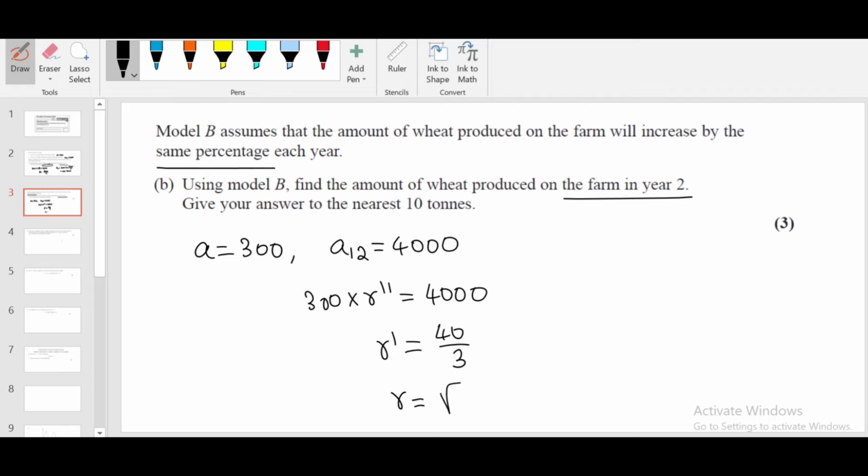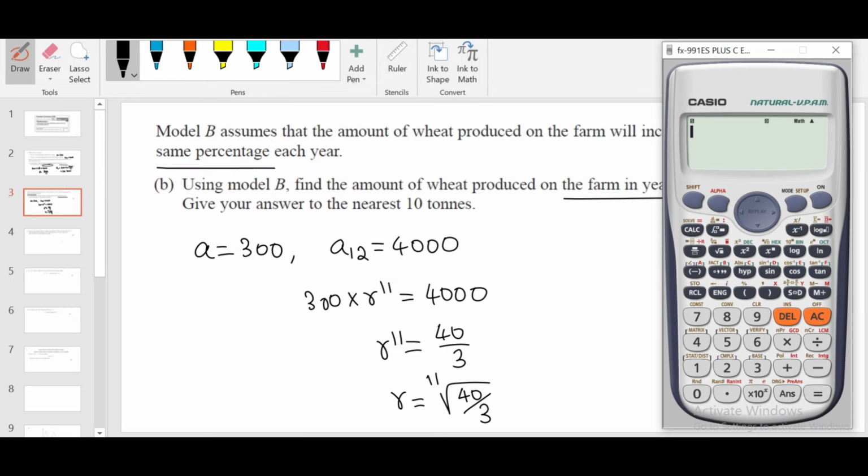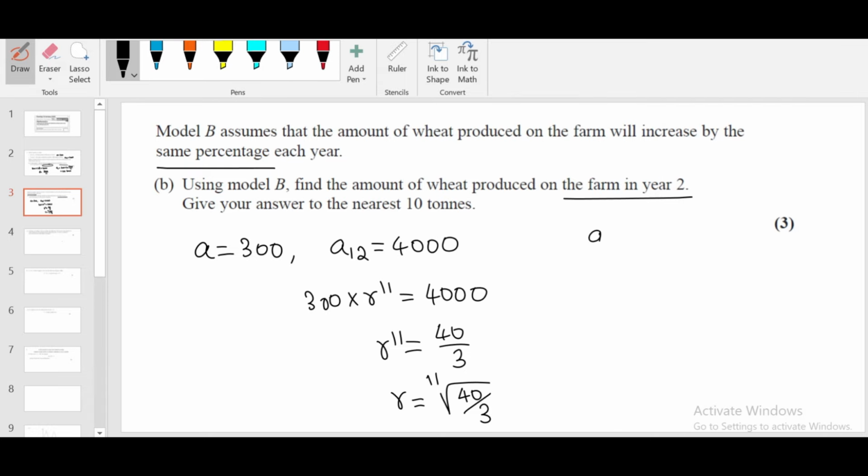r is the 11th root of 40 over 3. Okay, that's a decimal number. Probably I'll save it as A. Now we need to find the second term.